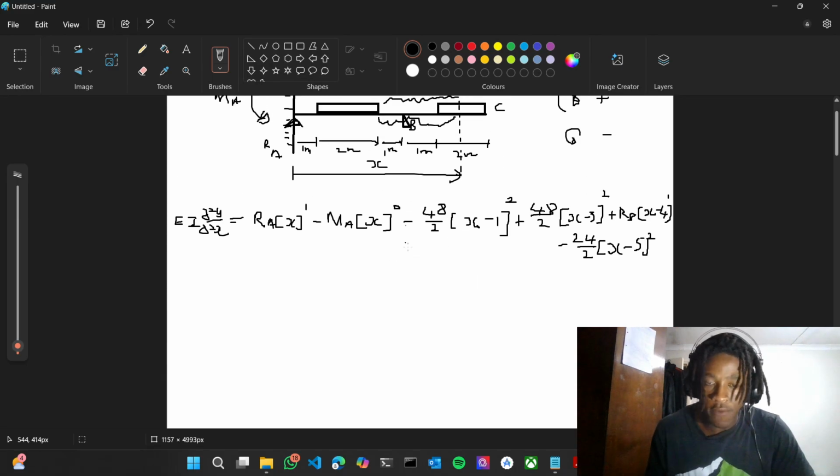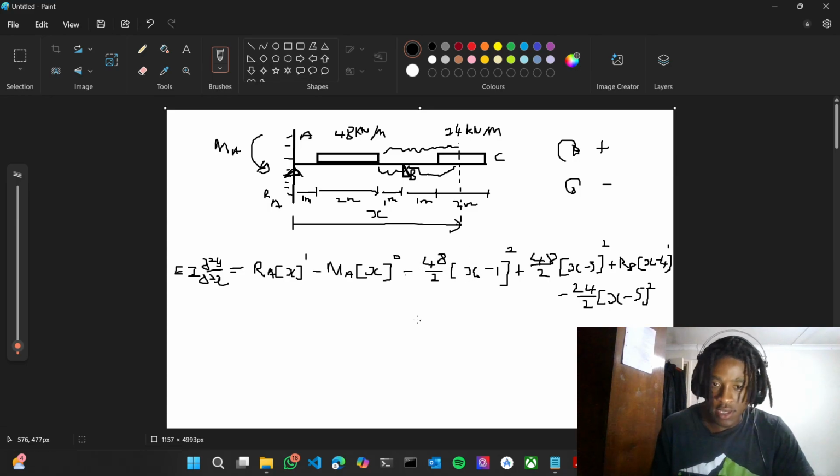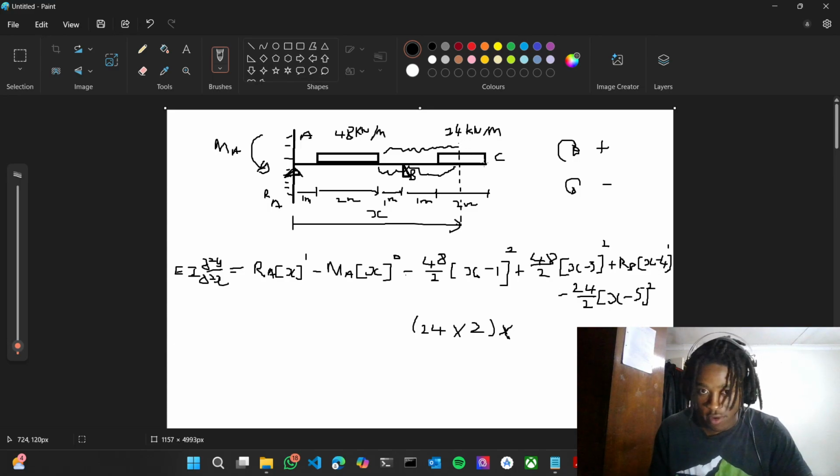So if I'm to explain this quickly, how this works is, if you've got a UDL, you want to convert it to a point load, and you also need to consider where that point load acts. To convert the UDL to a point load, we multiply its weight distribution by the length that it occupies, and then you need to multiply by the distance at its half point to your reference.